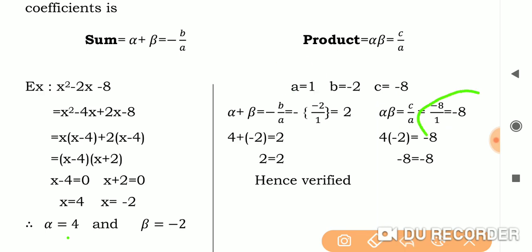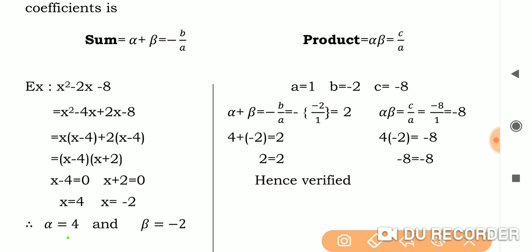Then when you simplify it, minus 8 by 1, you get minus 8. In the LHS, 4 into minus 2 because of the simplification of alpha and beta, so you get 4 into minus 2 is minus 8, and here minus 8 as it is minus 8.